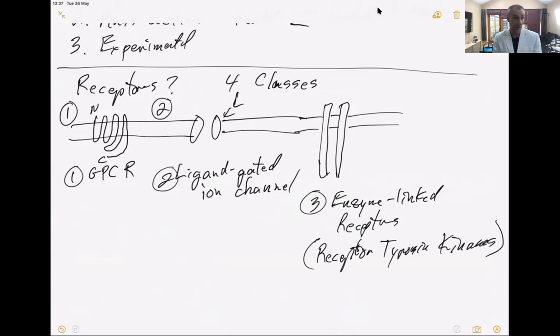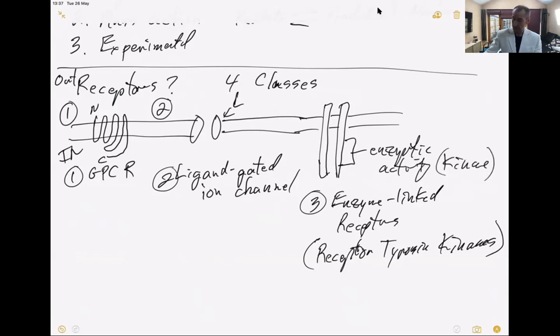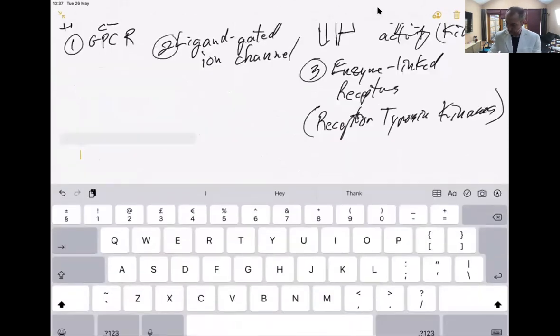There's also some that have a guanylyl cyclase activity on the inner bit. So this is outside the cell. If I didn't say that earlier, this is out, this is in. And these will have some domain down here, some enzymatic activity. If it's a kinase, it will be a kinase. Kinases transfer the terminal phosphate off ATP onto a protein. Because this is a tyrosine kinase, it transfers it to tyrosine. My pen has now just quit working.